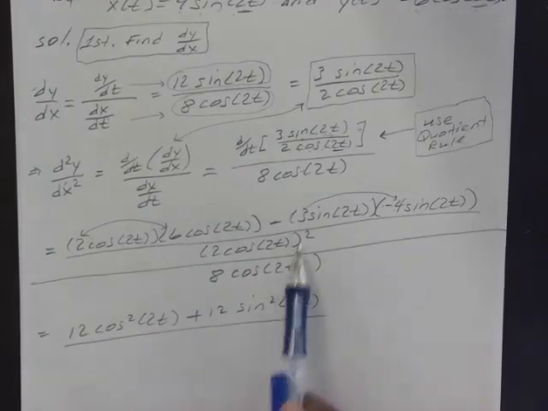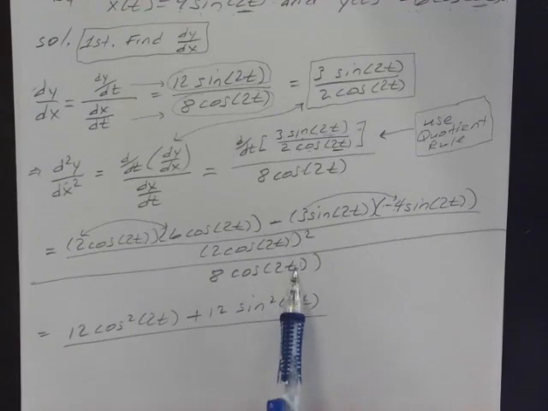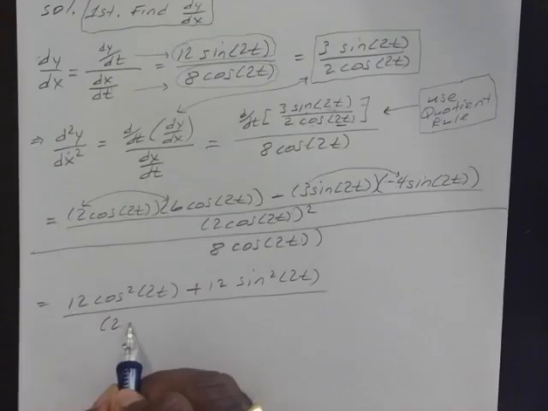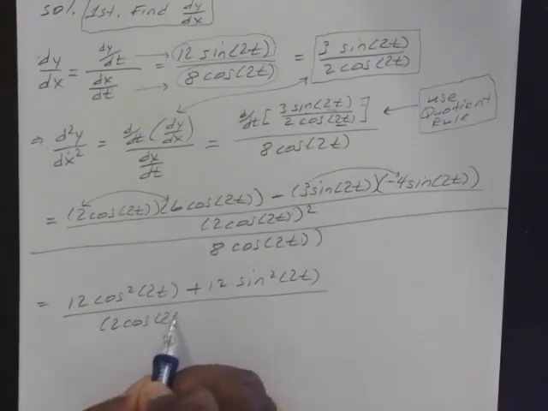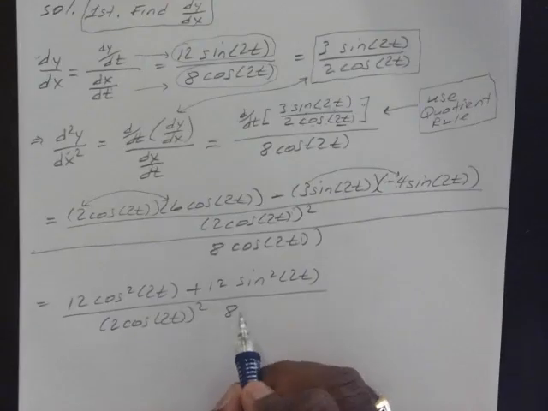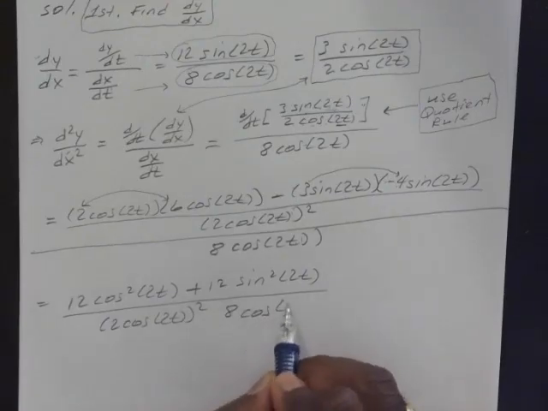Divided by, and we can combine these two denominators like we did before. So that's just 2 times cosine of 2t squared times 8 times cosine of 2t.